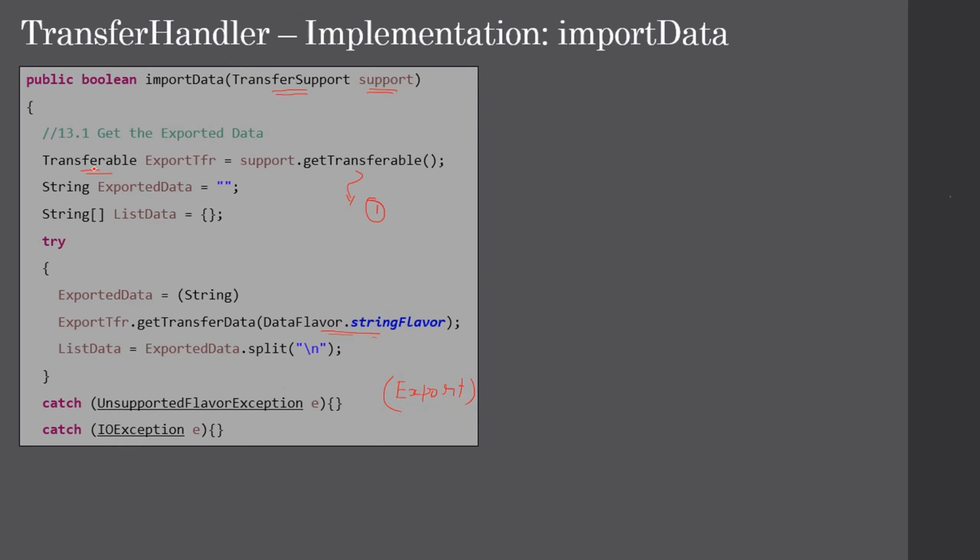This transferable is nothing but our StringSelection object, and from that we are retrieving getTransferData and typecasting it to string, and we are holding that in the exported data. Finally, this exported data is in string format. Then, this is a normal string function, we are making a call to split and passing \n so that we can collect the data in the string array.